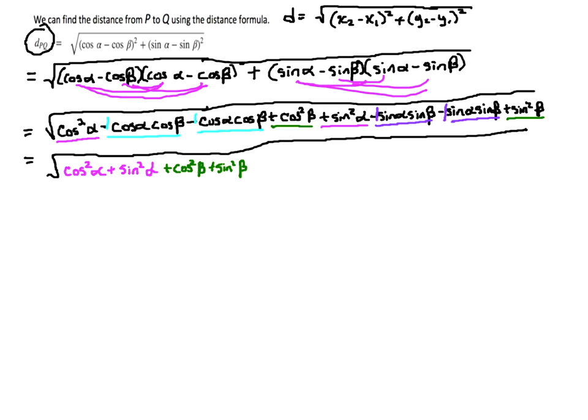And now I'm going to combine the like terms. I've got now negative 2 of these things that are called cosine alpha cosine beta. And I've got negative 2 of these things that are called sine alpha sine beta. Okay, let me stop where I am and say, is this making sense so far?